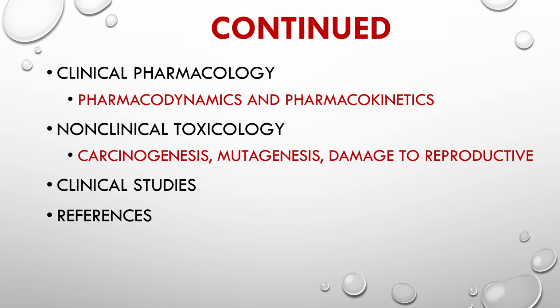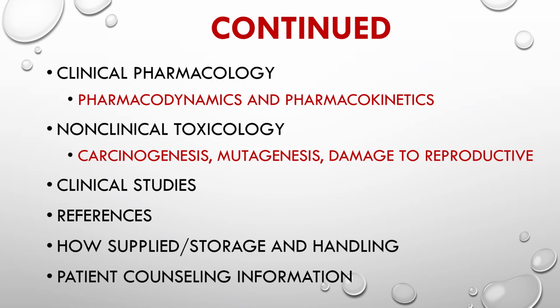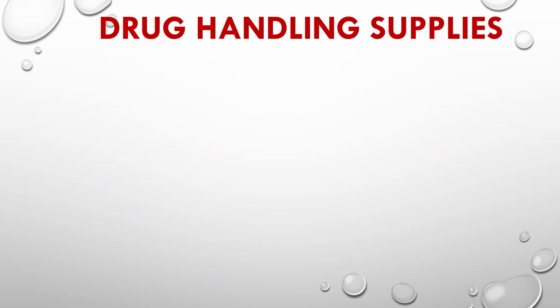Information about the clinical studies, any references about the drug in research, and then how the drug is supplied and stored as well as handled. And then finally, just like patient counseling information of what should be communicated to the patient.